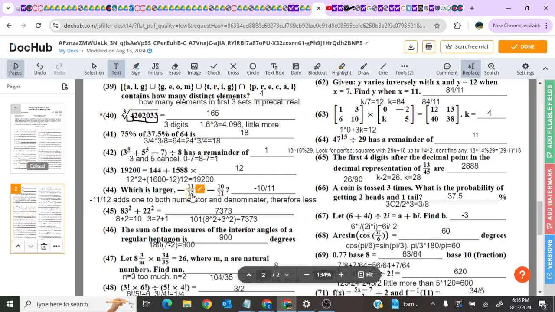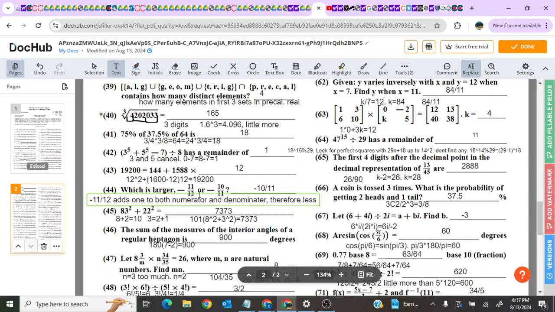So it approaches negative 1 as you continue to add 1 to the numerator and denominator. So therefore, the lesser value is going to be the one that increases its closeness to negative 1, or negative 11 over 12. So your greater one is negative 10 over 11.